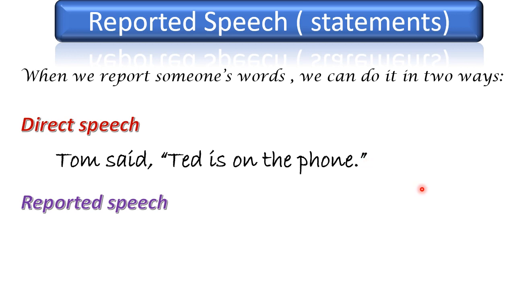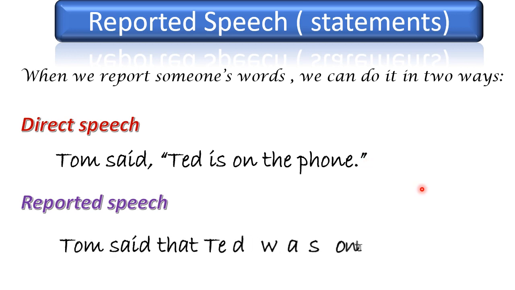In reported speech, we report the meaning of what someone said without using their exact words. We use a reporting verb, said or told, followed by that and the reported statement, as in this example.